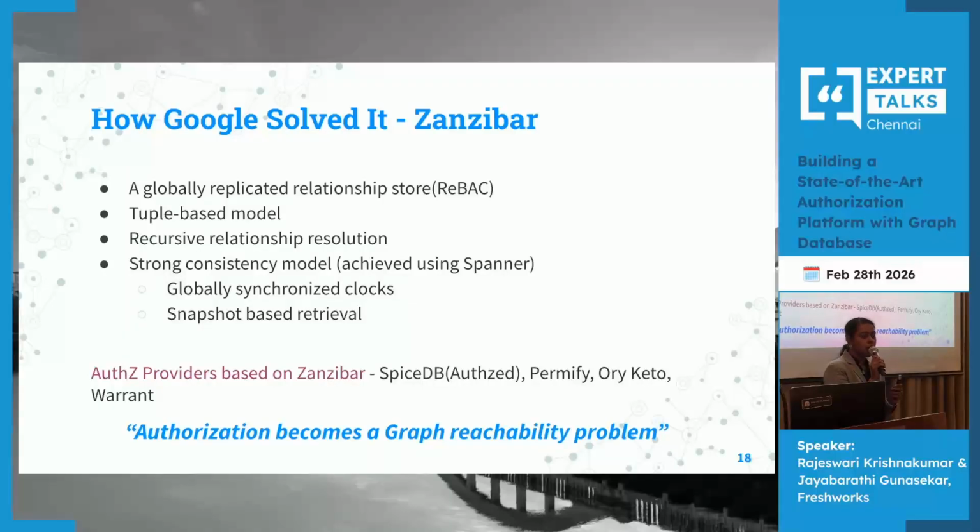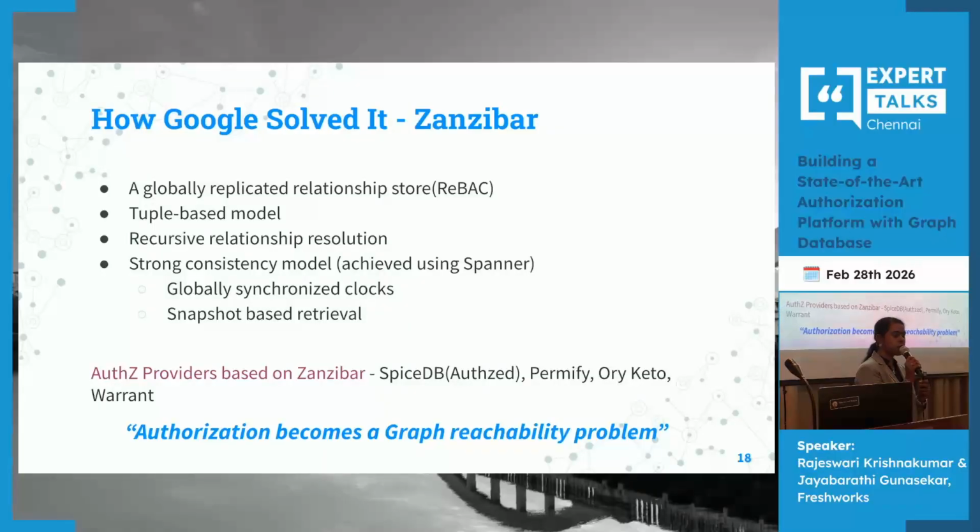While Google has established the base solution for authorization, there are multiple providers who have built on top of Zanzibar's concept, and they have built authorization solutions that are ready for integration.